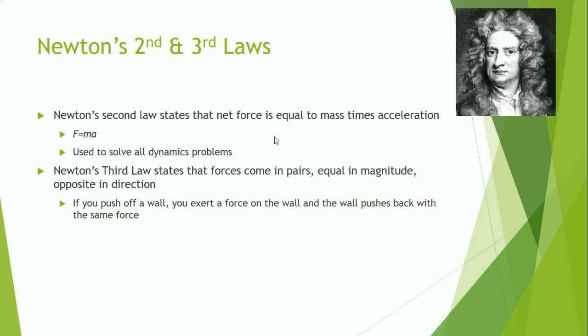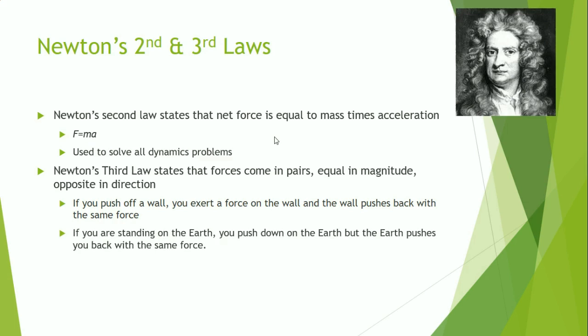That's what it's saying. And also, if you're standing on the ground, the earth is getting a force from your weight, but the earth is also pushing back on you. So there's two forces, one on the earth and one on your body, and they're opposite and the same magnitude.